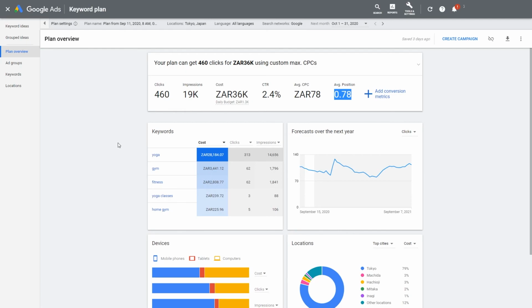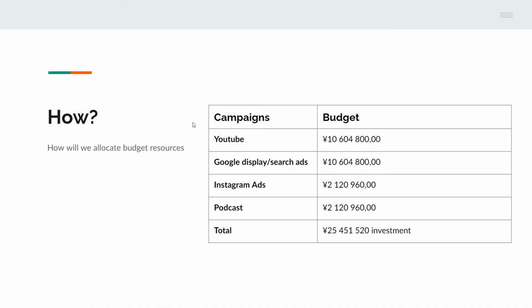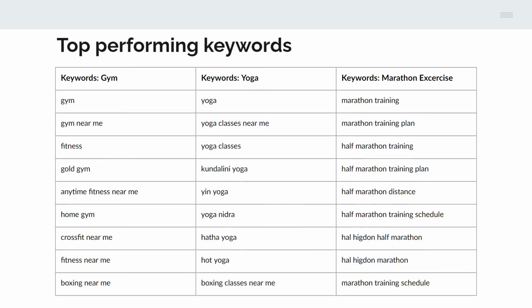Okay, so I'm going to switch back now to our plan. To finish off then, I've got my budget that I've compiled, and I showed you guys how I created my budget. And then what I do is I take the top performing keywords and I put them in columns so that you can see what they are related to.